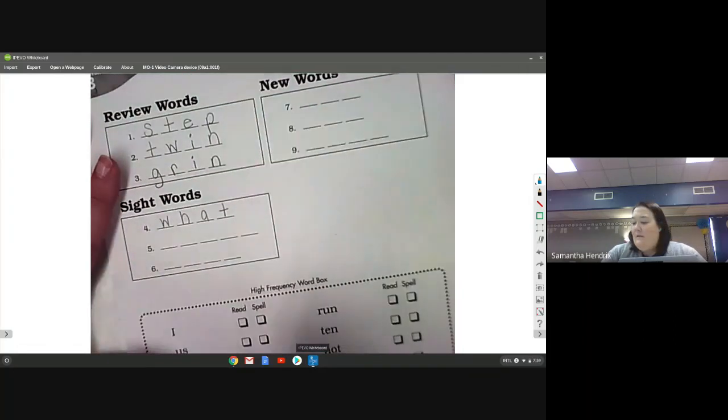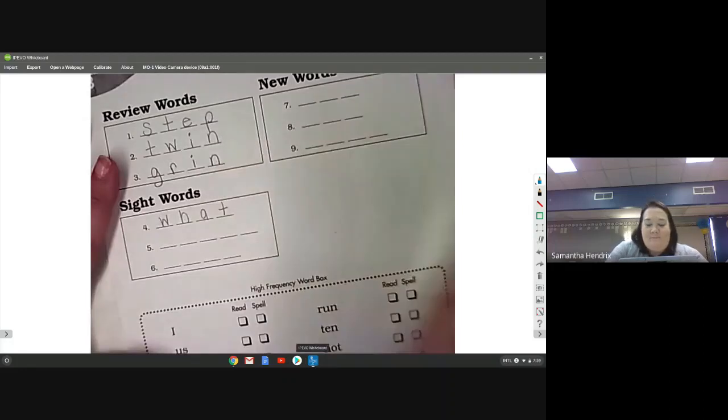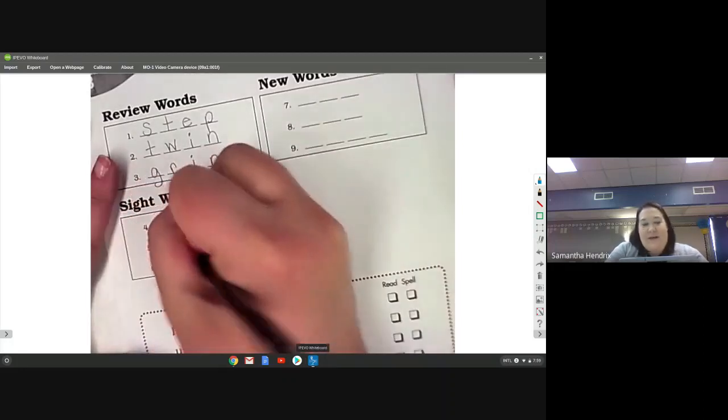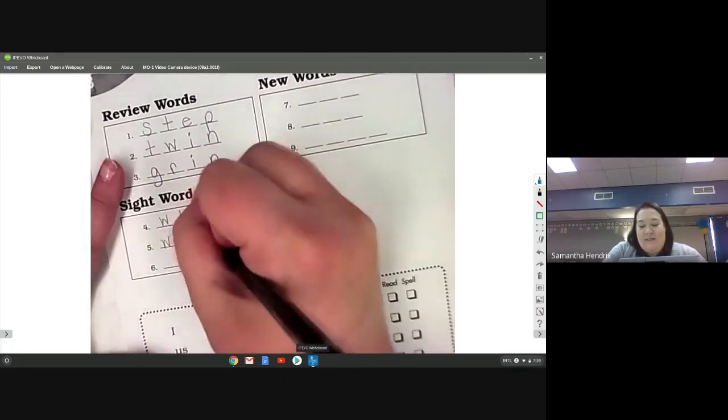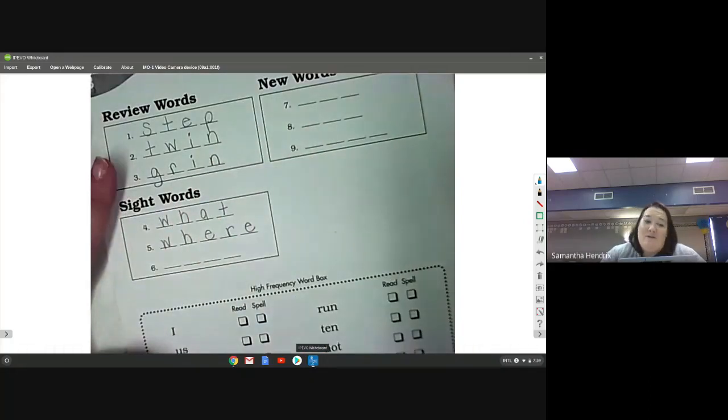Okay. Next one we're going to spell is where. Where, like, where did you go? Okay, I'm going to give you a hint. The first 2 letters are the same as what? W-H-E-R-E. Remember, these are sight words, so we can't sound them out to spell them.